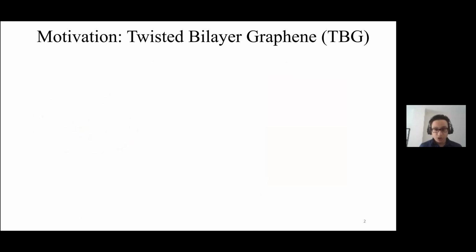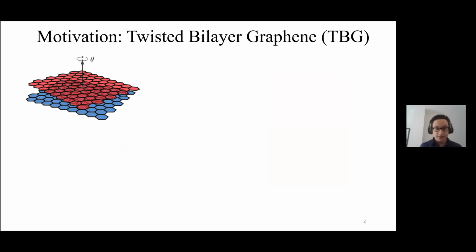TBG is obtained by twisting two graphene layers relative to each other by some angle. The result of this twisting is strongly modifying the band structure of the electrons by introducing something called the Moiré pattern, which is a long wavelength pattern in real space.